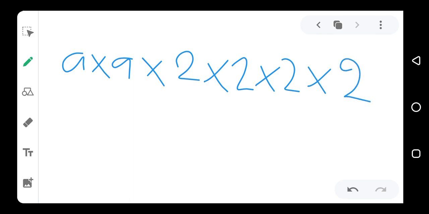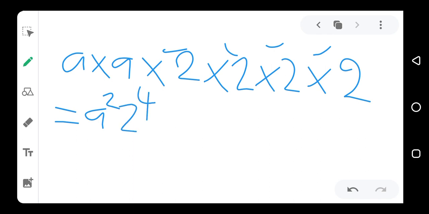Now this is going to be equal to, we count the number of times that a is occurring and then the number of times that 2 is occurring. a is coming 2 times, so we have a raised to power 2. And then 2 is coming in 4 times, 1, 2, 3, 4. So that is 2 raised to power 4.